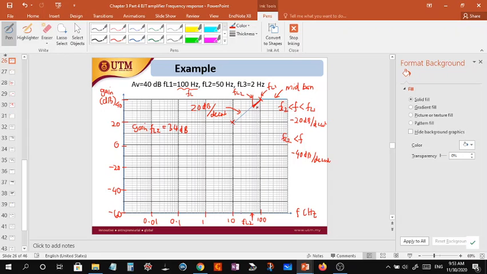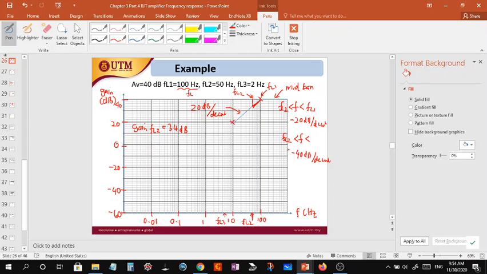Okay. So FL2 is 50 Hz. So one decade below 50 Hz is 5 Hz.